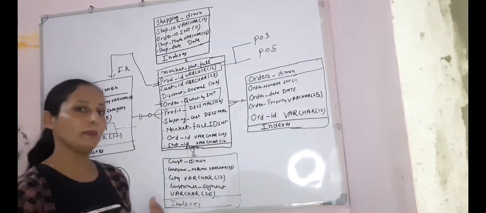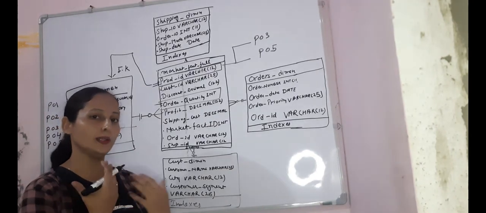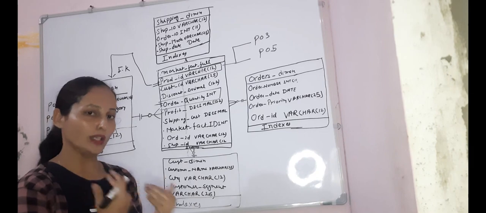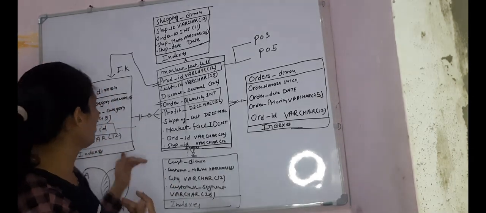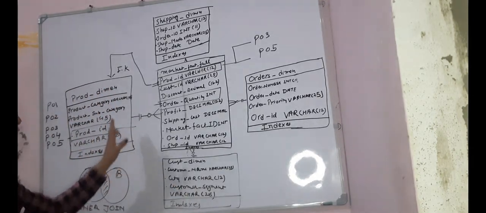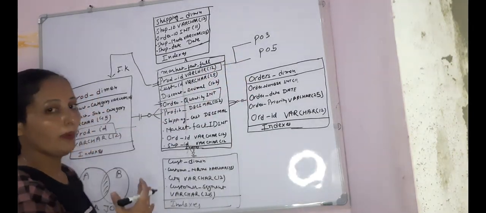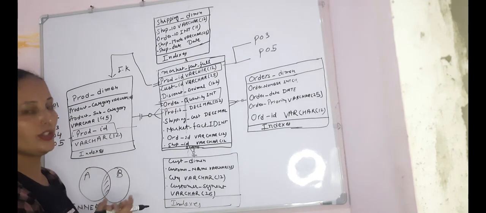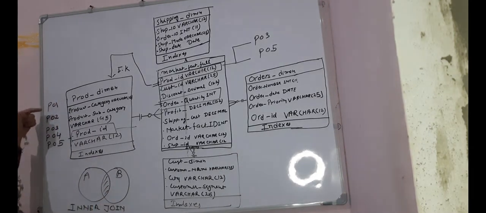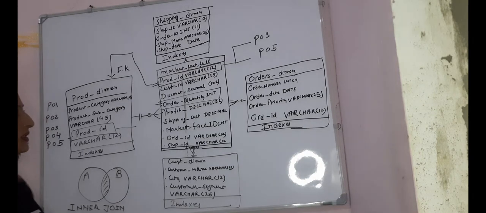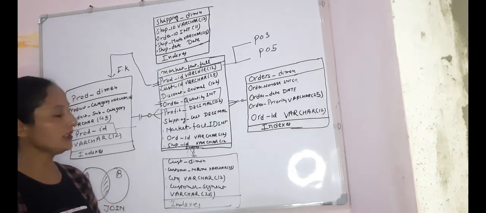As I told you in my previous class, we can get only the information about the attributes which we have in common. So if we put a join between the two, we can get all the attributes of P03 and P05, but we don't get any information about P01, 02 and 04.